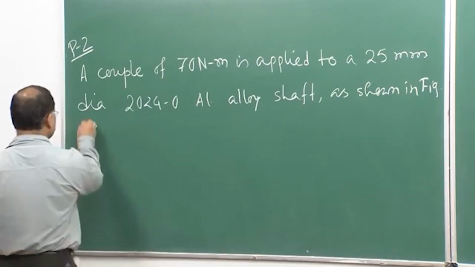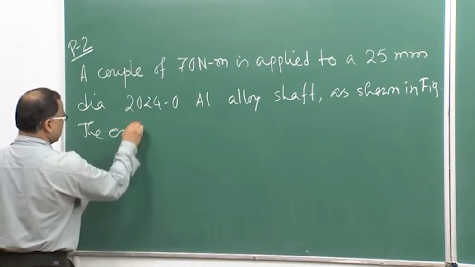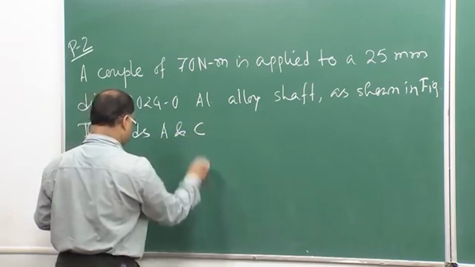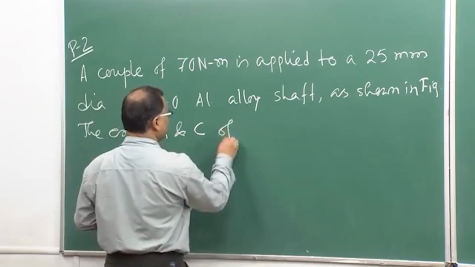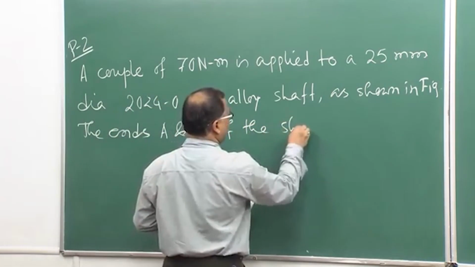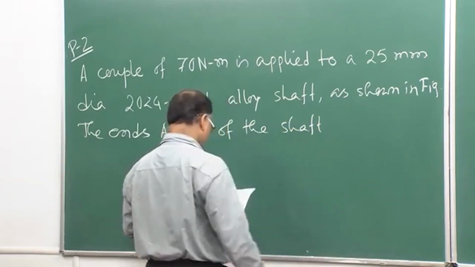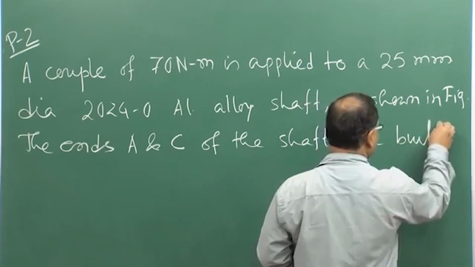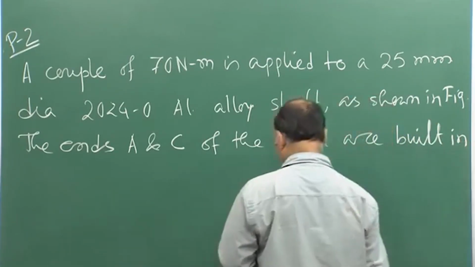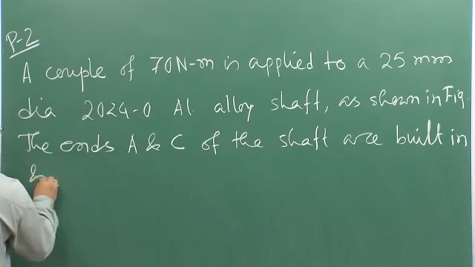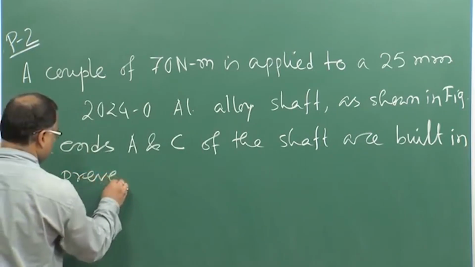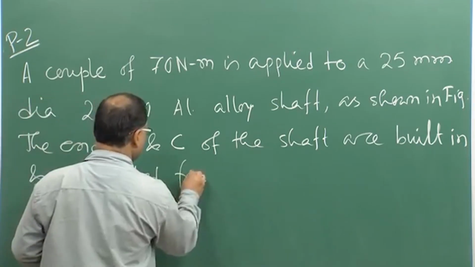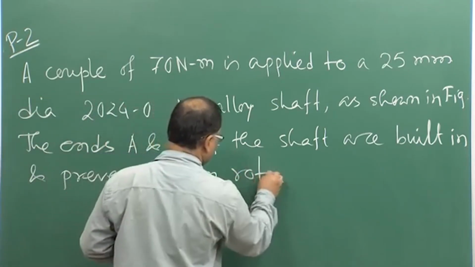The ends A and C of the shaft are built in and prevented from rotating.